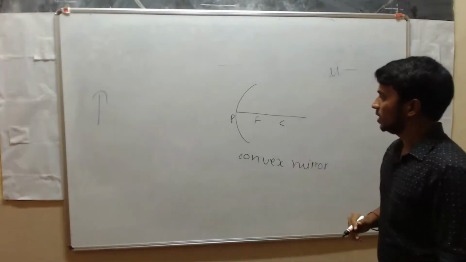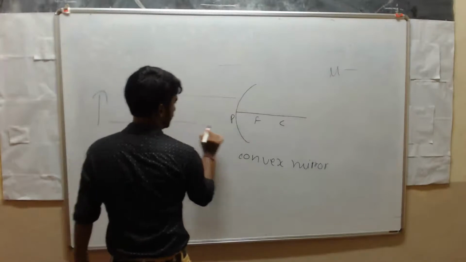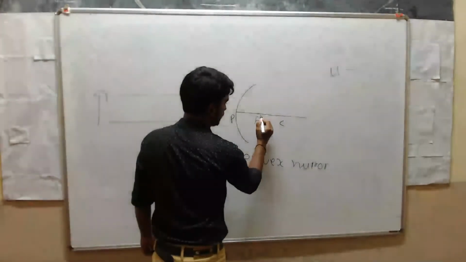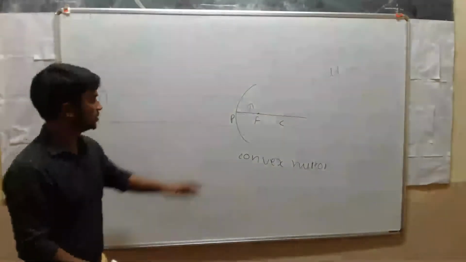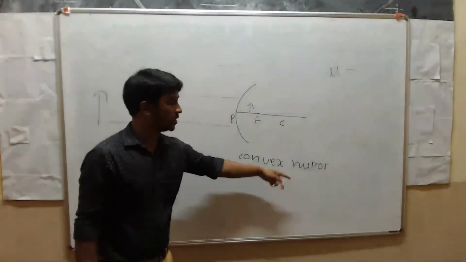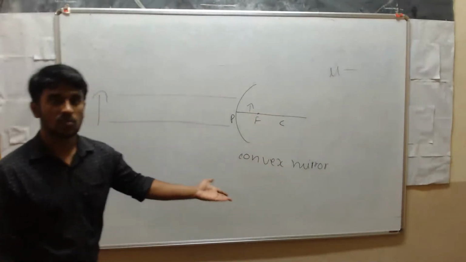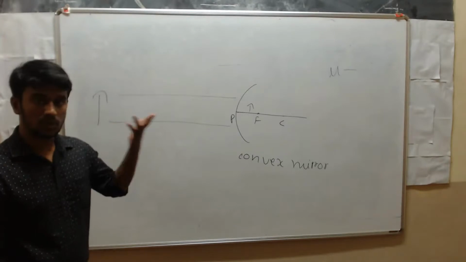Next, see, we will get the image at f or between p and f. Here on the right, you won't get the images on the left side of the mirror in a convex mirror. Why? Because the images formed by a convex mirror are always virtual and erect. We won't get the real image.